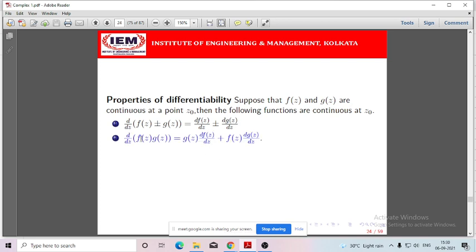Then if two functions are differentiable, the derivative of their product will be the first function fixed, derivative of the second function, plus the second function fixed, derivative of the first function. Then the derivative of the quotient will also be defined if the two are differentiable and g of z is not equal to 0, and the derivative is defined in the same manner as for a function of one real variable, that is g of z whole square, into g of z into f dash z minus numerator fixed into derivative of denominator.